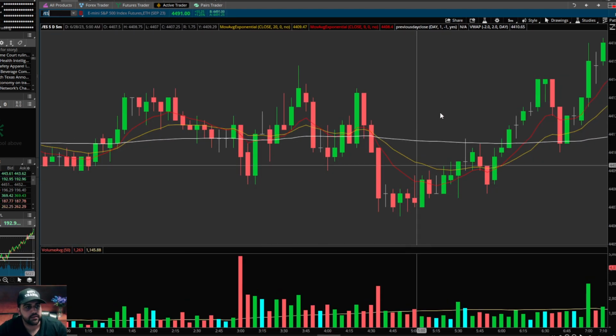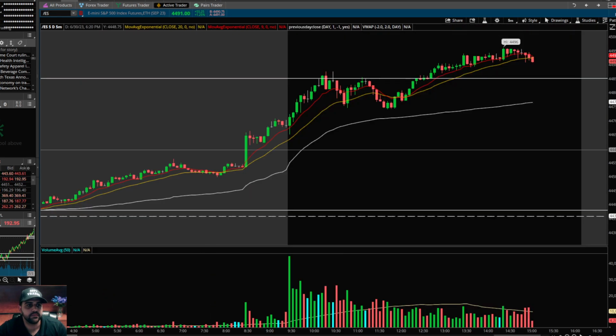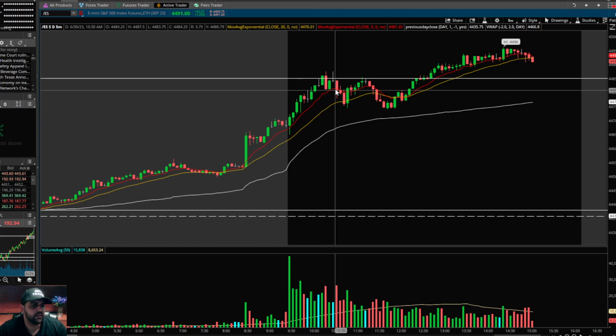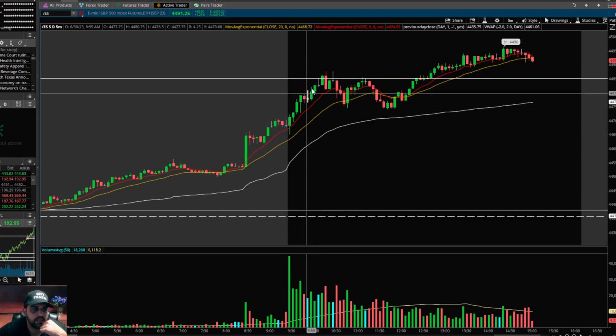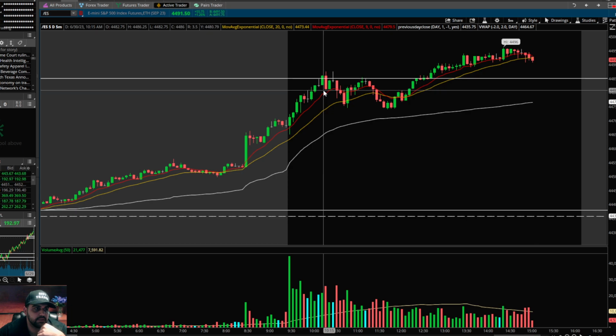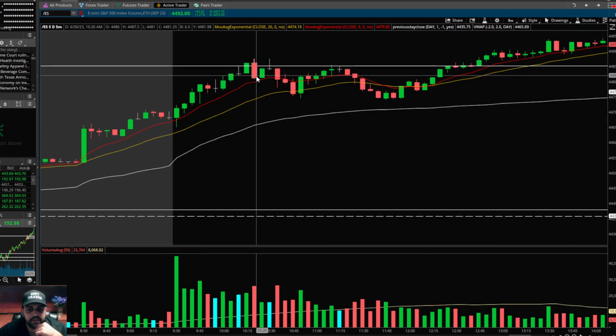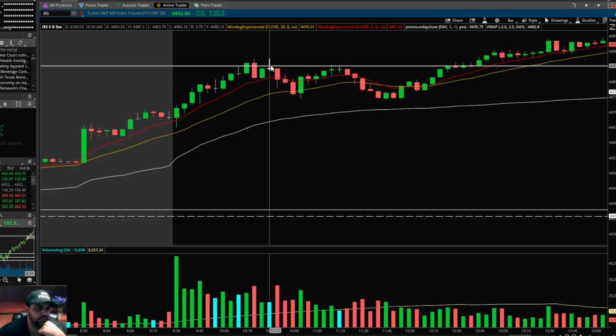And the ES here, the trade that we took on the ES, was right here with this uptrend. Again, never get in an uptrend on the first candle, even if it's an engulfing candle, right? It's going to be a retest.